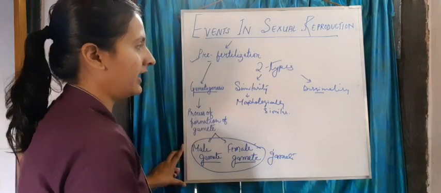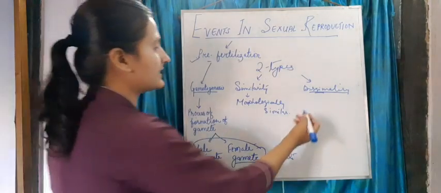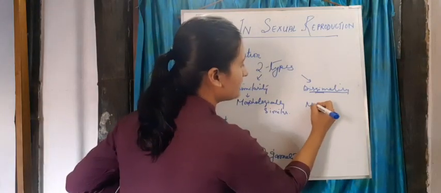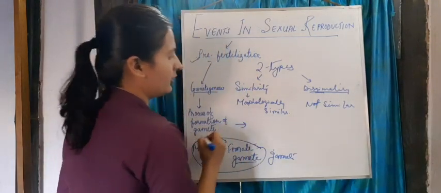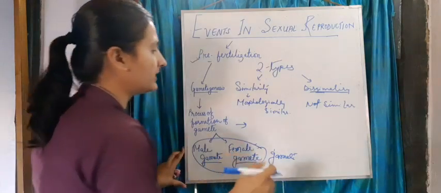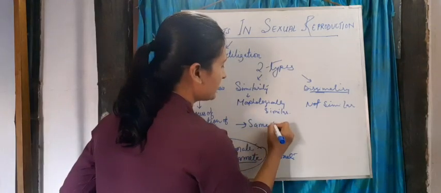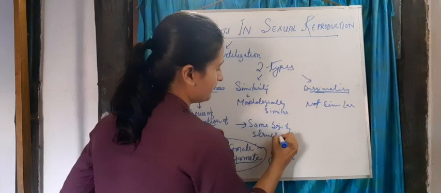On the other hand, in the other type of gametes, they are not similar. In the first type, both the gametes, male and female, are of the same size and structure.